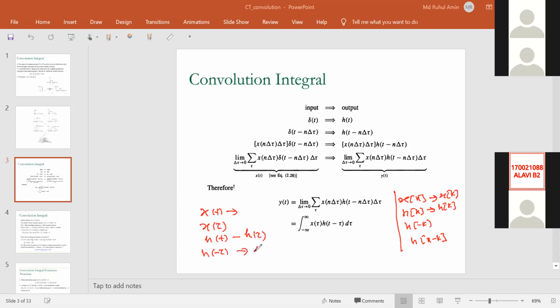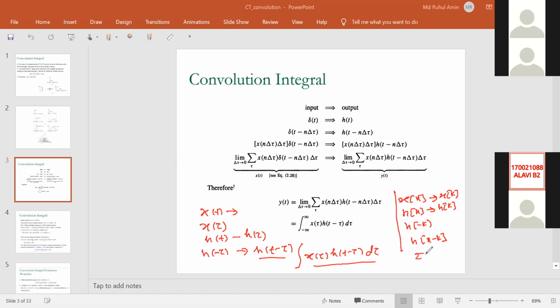Then you shift your h tau by t, depending on the sign of t. Either the shift will be to the left or to the right. After having this shifted, you multiply your x tau with h t minus tau. Then you integrate it between the time limits. Then that will give you the output of your signal.